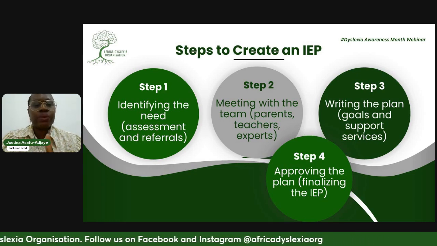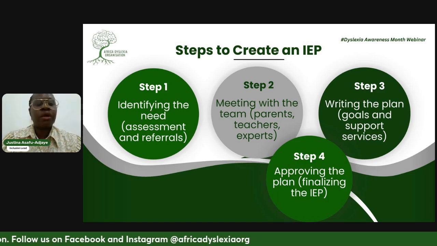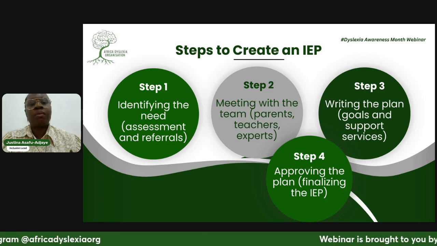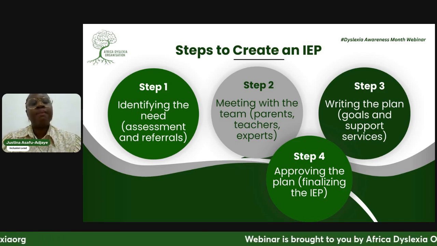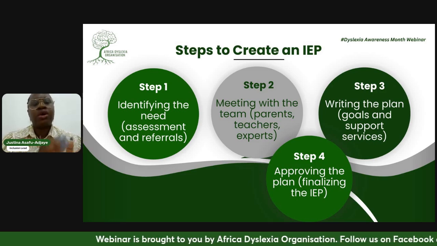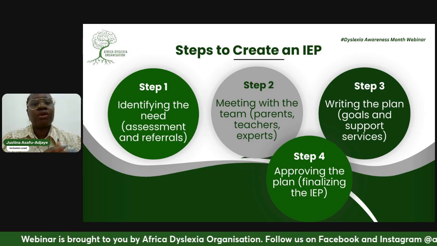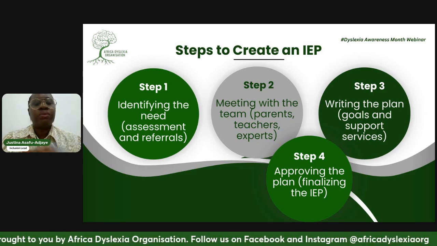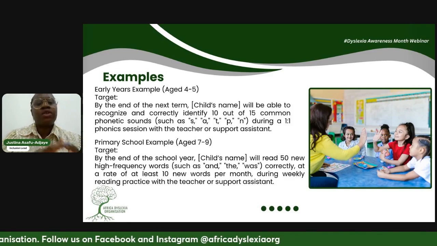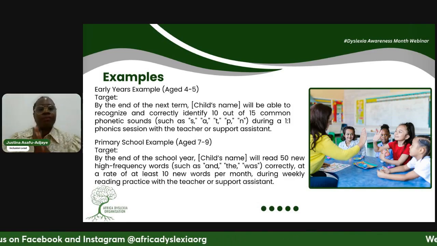Because if only one person is working on it and 5 others are not, it's unlikely your child is going to achieve it. Because remember what we said earlier about consistency and practice. This has to be a daily, weekly occurrence over a period of time in order for the goal to be embedded and it to be something that the child will carry through with them.